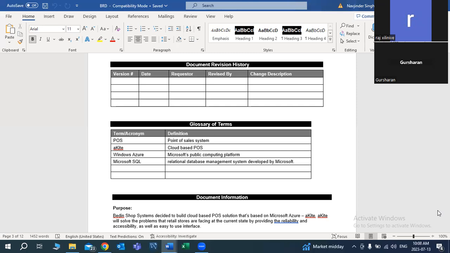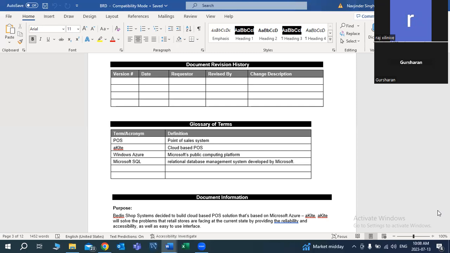Using this history, you will know what changes we have made so far, when we made them, who requested them, who revised them, and what changes were made. It could be a functionality, a non-functionality, or a module of what you're developing. So the change description has to be updated here. Is it clear to you, Gursha? Yeah. This is the first one.